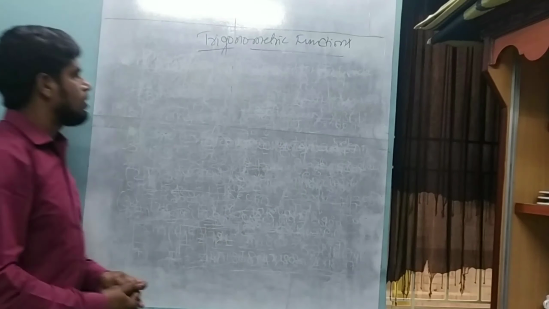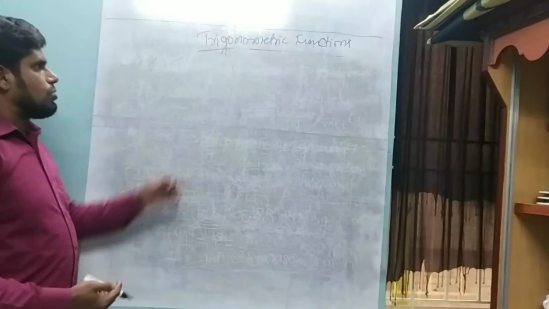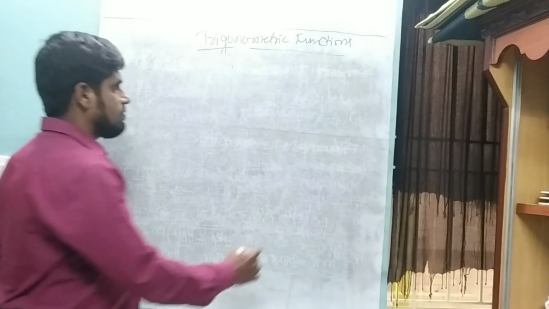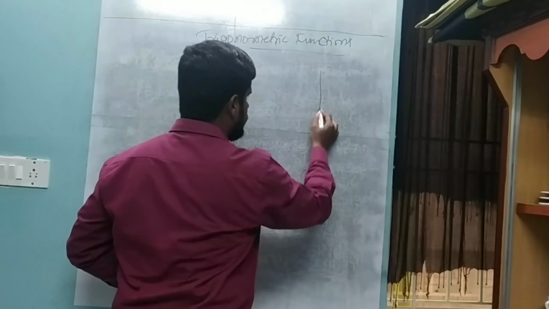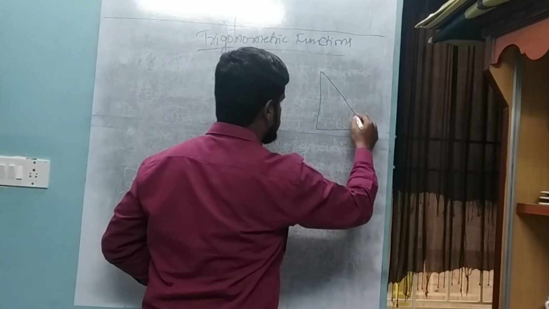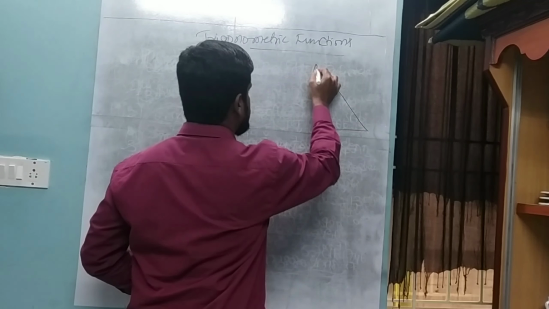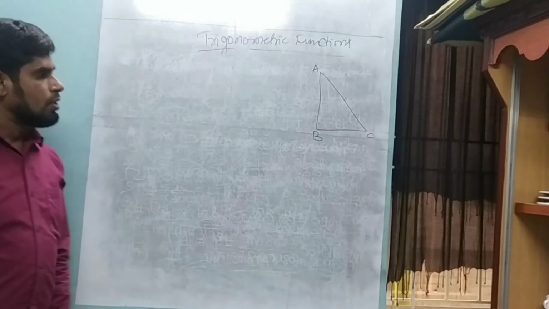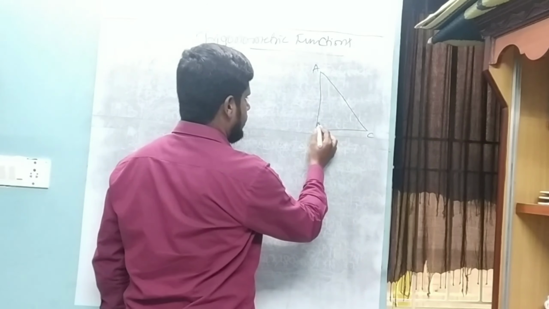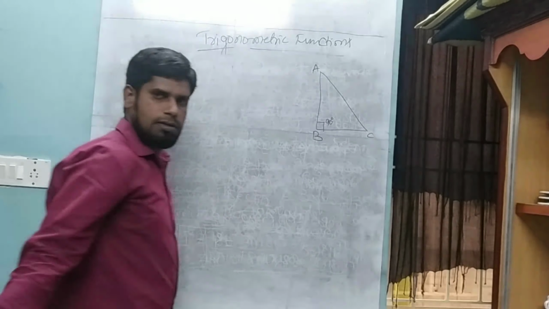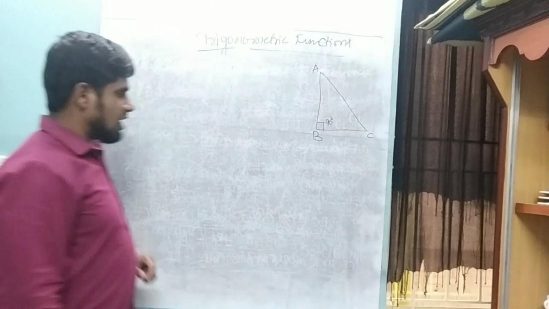Students, to discuss trigonometric functions, we need a right angle triangle, which is very, very important. To define any function, we should take help of a right angle triangle. So this is A, B, C, and obviously this is a 90 degree angle.